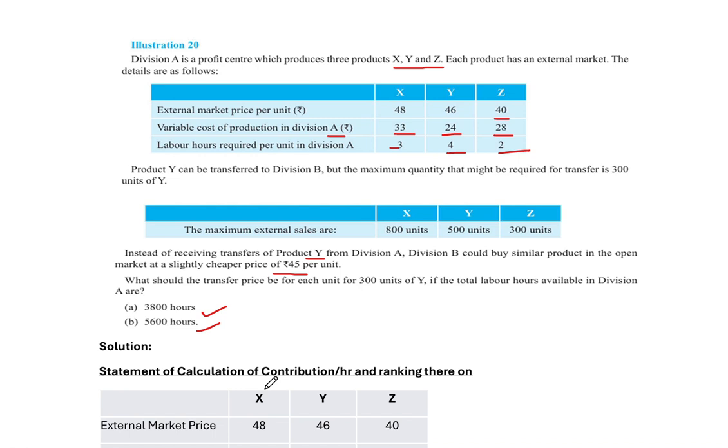Before doing calculations, always ask, if division A produces Y for division B, what is the opportunity cost? Because when division A produces Y, it may lose the opportunity to produce some other products. So we must check which product gives the highest contribution per labor hour.